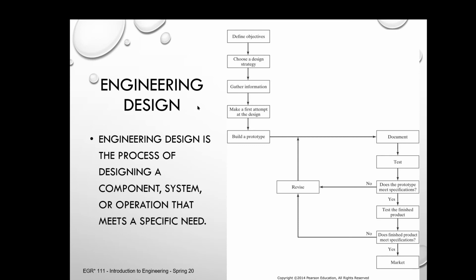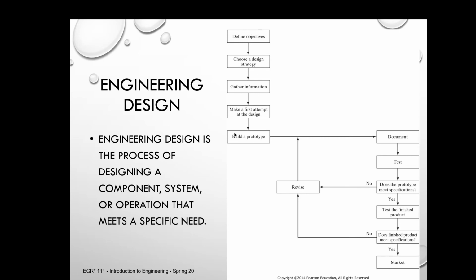You don't have to memorize this, and we're not necessarily going to follow this all the way through. We're actually going to do analysis and analyze the systems, using math for the most part. But this may be a typical way: you have some objectives, you go through a design strategy, gather information, make a first attempt, and build a prototype.